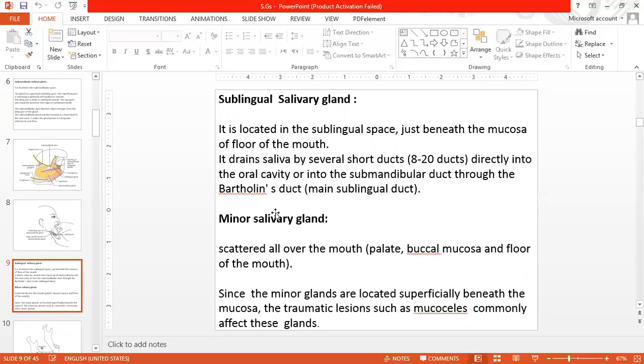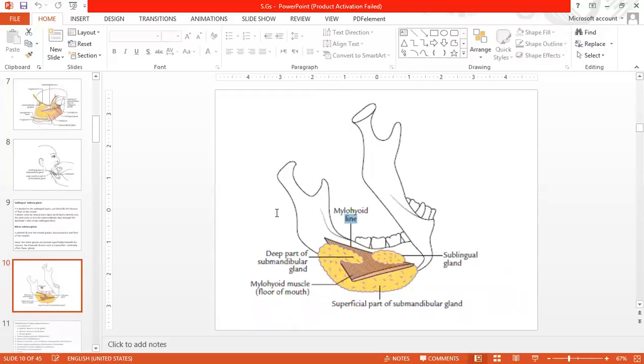The minor salivary glands are scattered in the palate, buccal mucosa, and floor of the mouth, and secrete less than 1% of the total amount of saliva. As you see here, this is the sublingual salivary gland, this is the mylohyoid muscle, and this is the deep part and superficial part of the submandibular salivary gland.